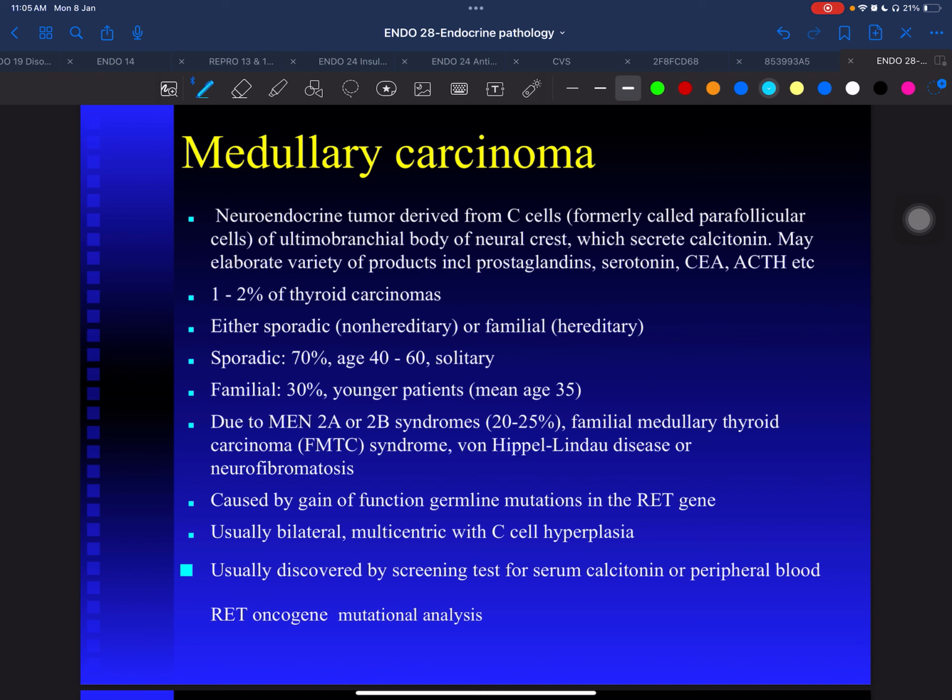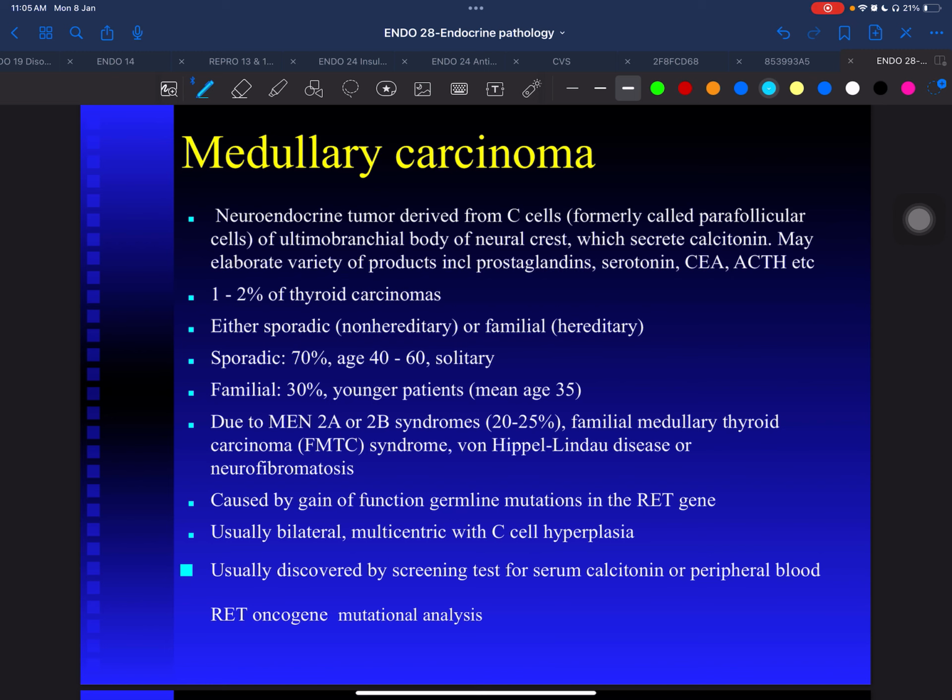It's very aggressive. It can occur sporadically, or it can be familial, associated with MEN type 2A or type 2B syndromes. The familial medullary thyroid carcinoma syndrome, also von Hippel-Lindau disease or neurofibromatosis, is related. 70% are sporadic, age 40 to 60, a solitary mass, and 30% are familial.